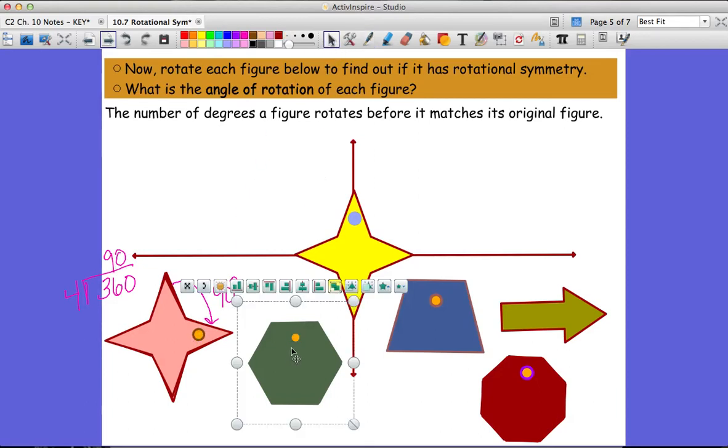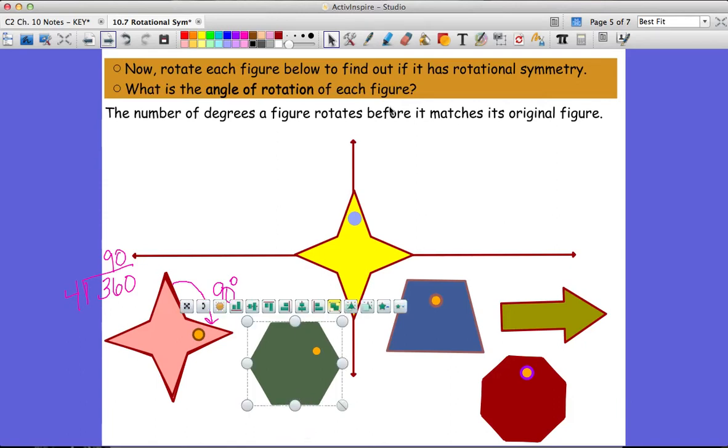In this case, we have a 1, 2, 3, 4, 5, 6-sided figure, which we call a hexagon. I know that if I take this figure and rotate it, it's already matched up with itself. Because this figure has 6 sides, I'm going to take those 360 degrees.